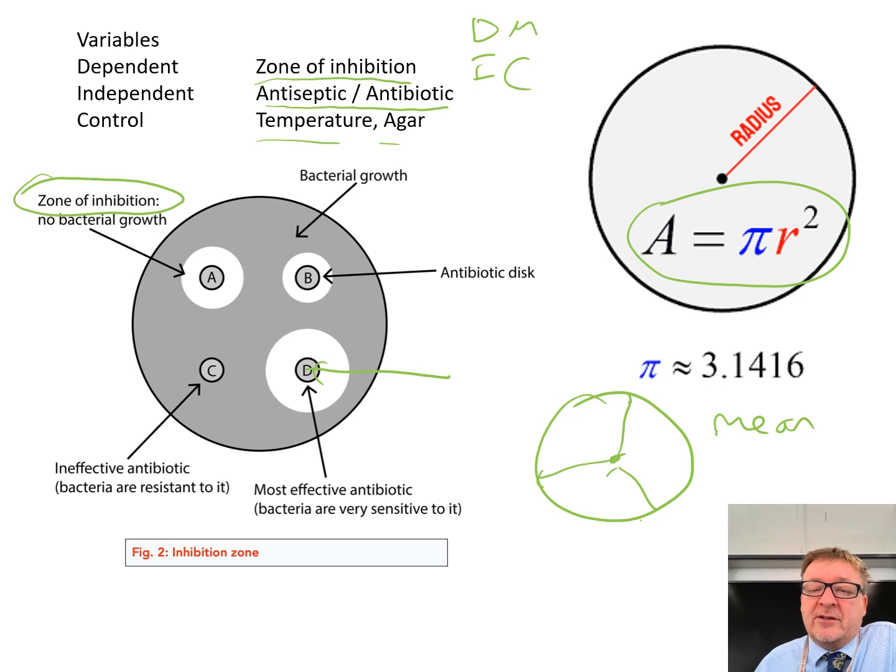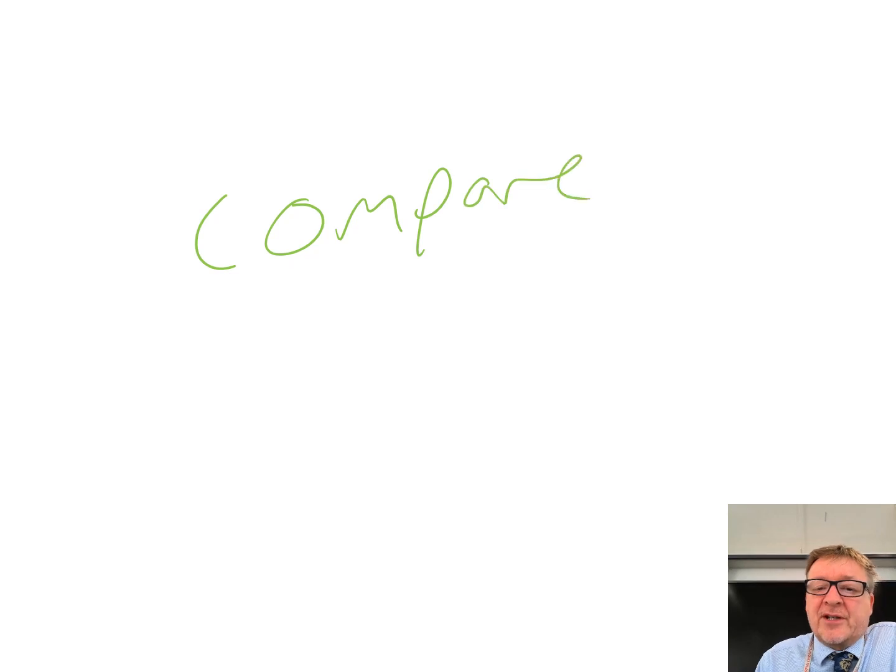And from that, you can compare the antibiotics or the antiseptics to see which is the biggest. The one with the biggest zone of inhibition is the most effective antiseptic or antibiotic.